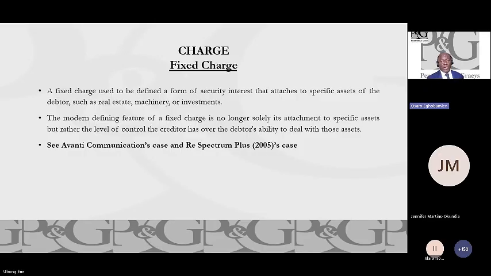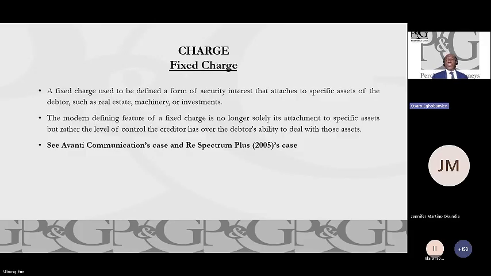So the modern feature of a fixed charge is no longer solely its attachment to specific assets, but rather the level of control the creditor has over the debtor's ability. In other words, the distinction between a fixed charge and a floating charge is not the fixed nature of the asset to which the charge applies, but the extent to which the chargee has control over the assets.